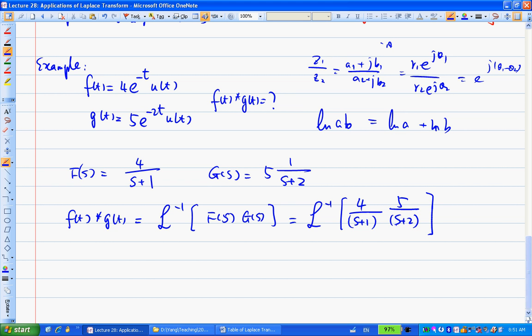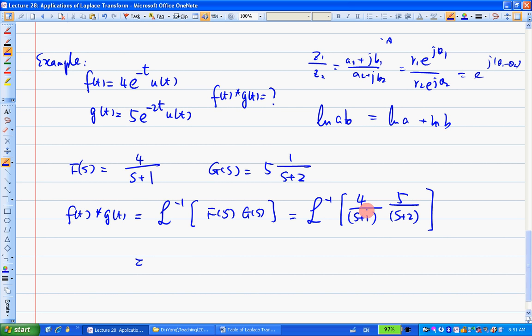Now the next step needs a little bit of skill, which is actually what we're going to practice. To find the inverse Laplace transform, you have one very traditional approach, which is to use the definition, a complex integral that needs to be solved.